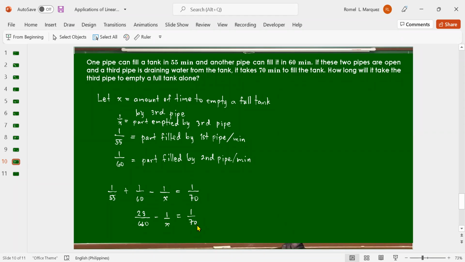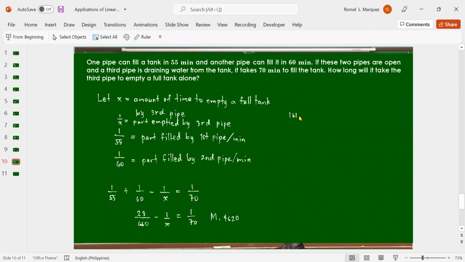So 66 times 7, 462. Multiply by 462. So 660 times 66 times 7, 4620. 4620 divided by 660, then times 23.